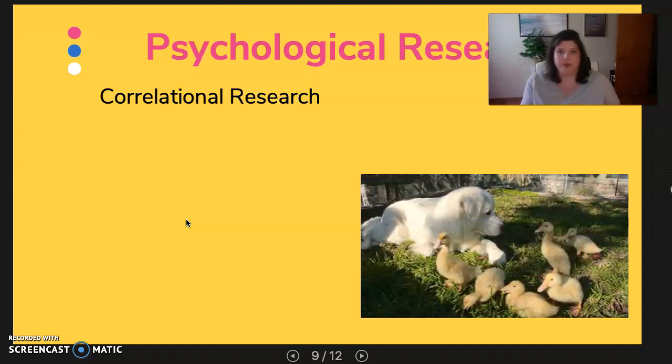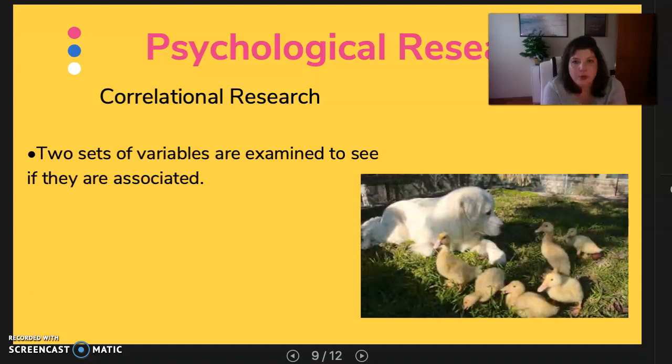So correlational research, I think this is probably in psychology the most common that you'll see. So basically with correlational research, you're looking at two different variables and then you're trying to examine to see if they are associated.